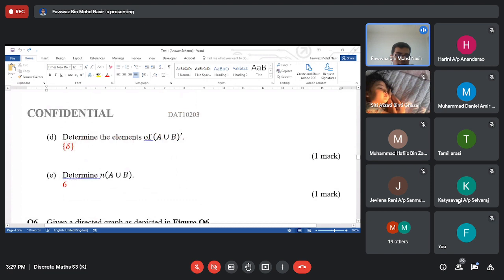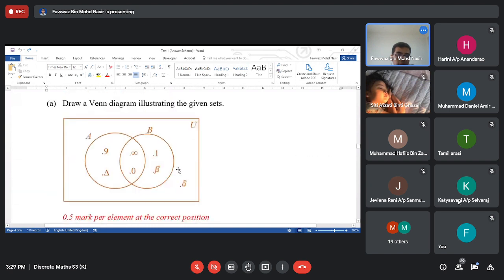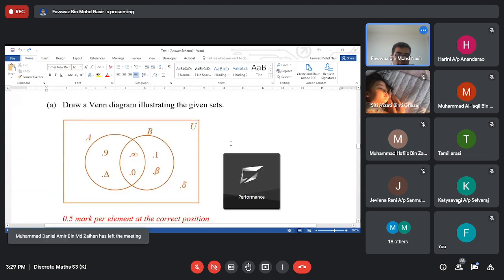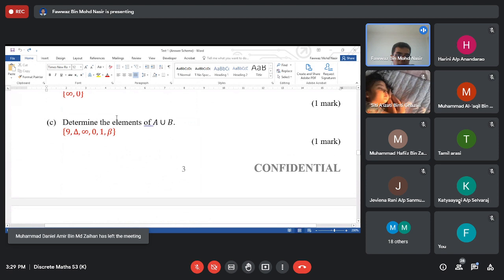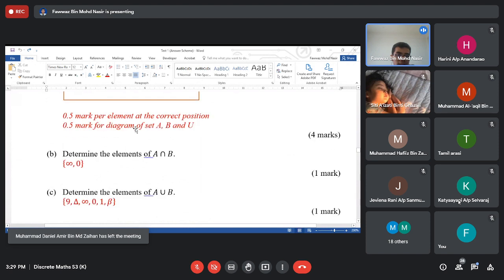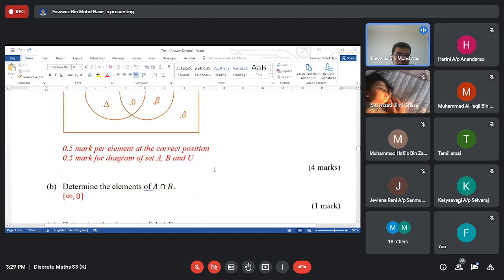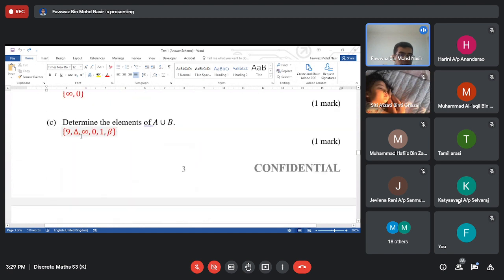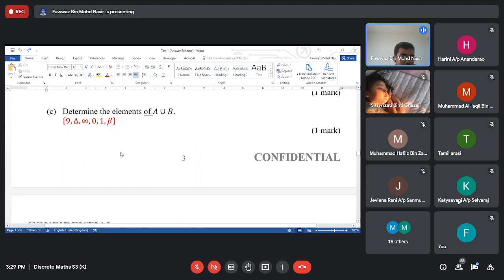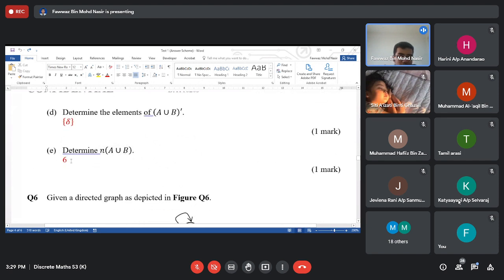So question E, determine the cardinality of A union B. So you count the number of elements in set A union B. Sebab if kita dah identify, you can either go back at your Venn diagram and count the number of elements, atau you can refer back to C and count the number of elements in A union B. So you should get 6.